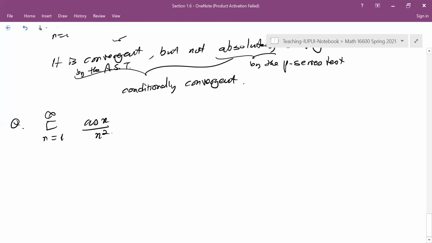It can be negative sometimes, so I cannot use the comparison test directly or any of them. If you're able to find a way, please do it. Give me a half a minute.